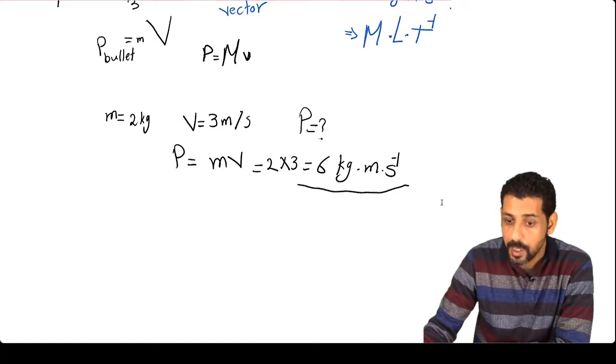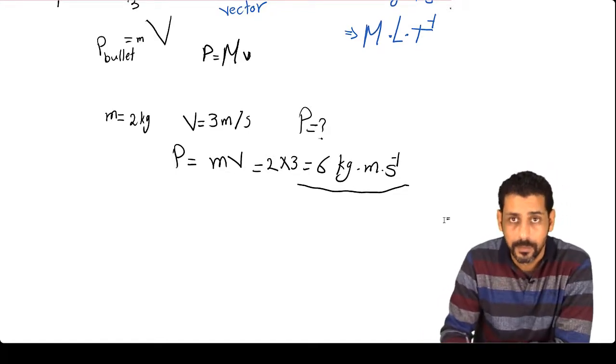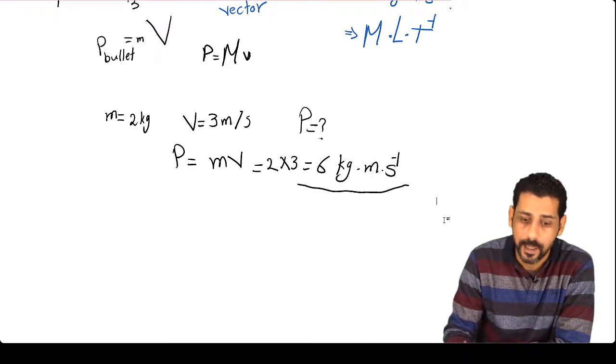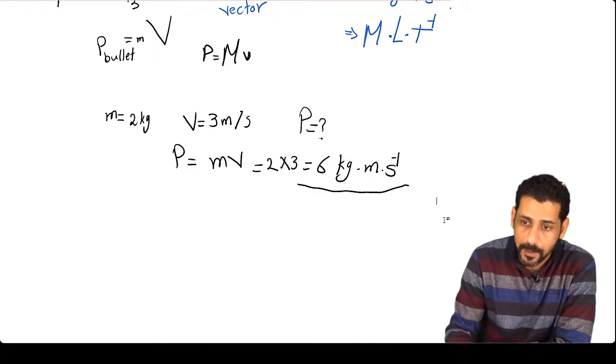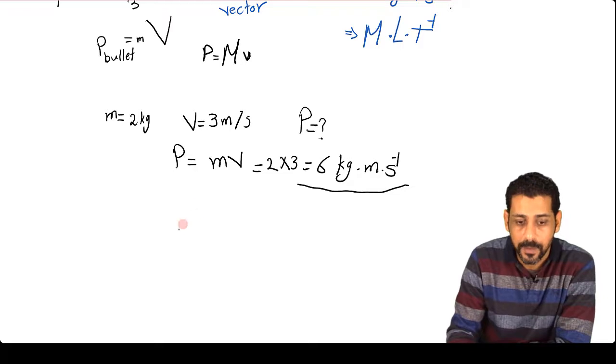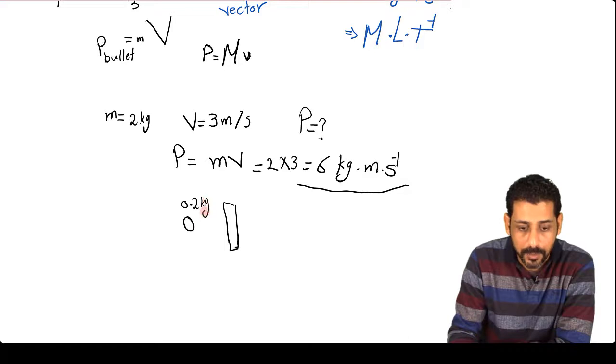Question type: in a collision, the velocity changes and the mass stays the same. For example, say we have a car or a ball, and here a wall, and there is a ball of 0.2 kilograms.